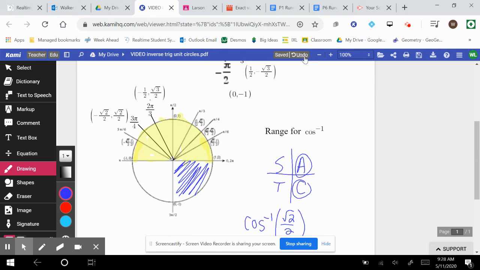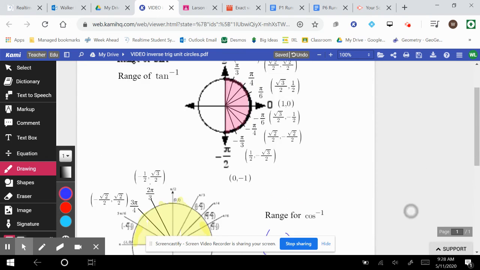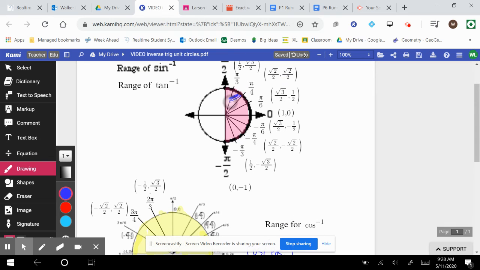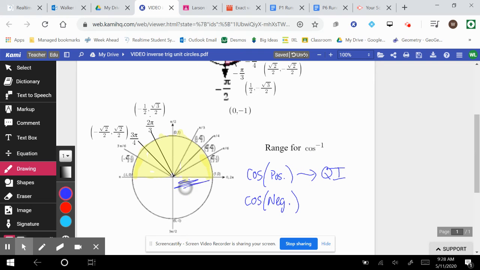Always quadrant 1 when you're talking about positive. Okay, so that doesn't change. What's different with cosine, so if you're asked for cosine of a positive, just like tangent and sine of a positive, that angle's in quadrant 1. But now, the only thing that's different for cosine is you can't use quadrant 4 for negative, because it's not negative down there.